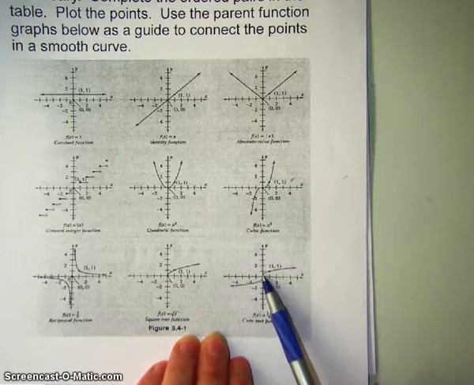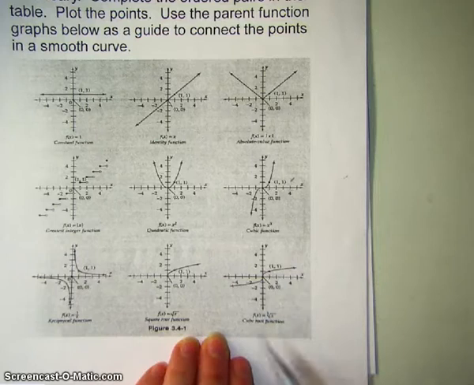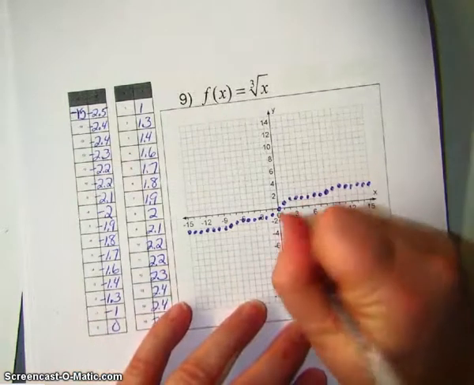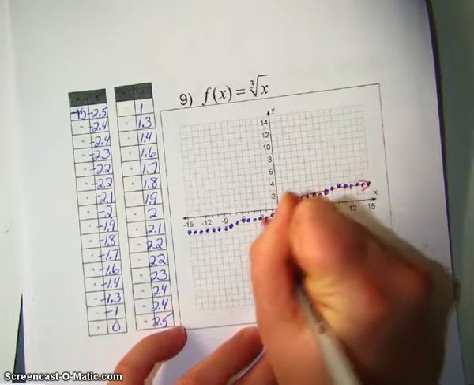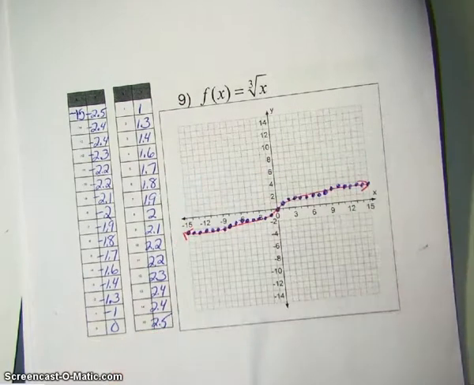It should be concave to the right here and concave to the left there, but a nice smooth curve. Now I want to connect the points, making a nice smooth curve. That's the answer to problem 9.